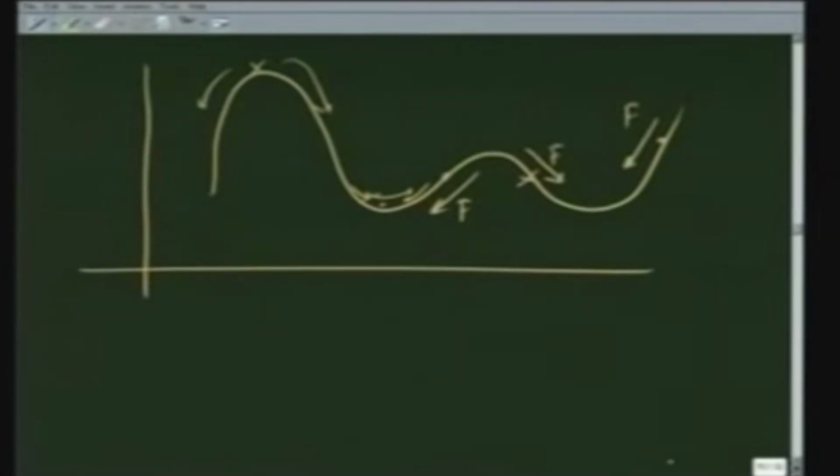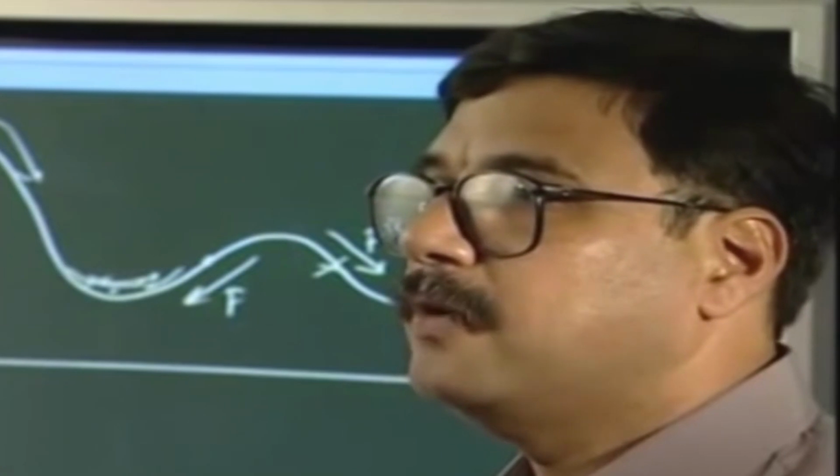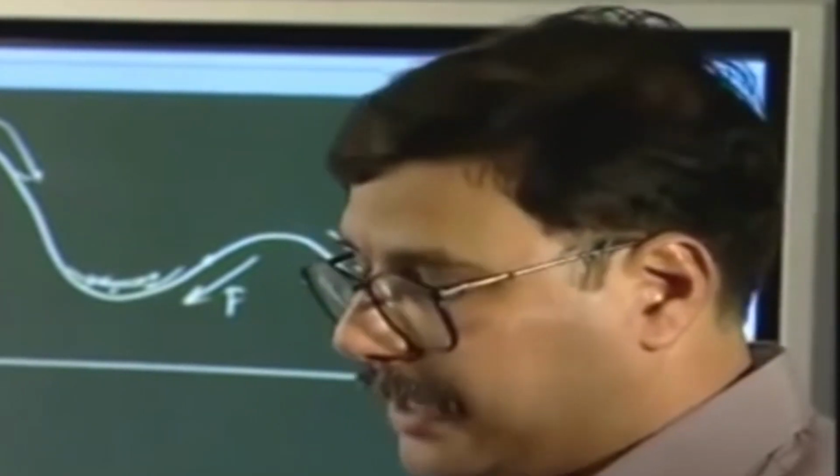One interesting thing that comes about then is if you are at a minimum and the particle is displaced from it, it tends to come back. In fact, if the displacement is very small, you will see that it will start performing simple harmonic motion. Let me explain that.